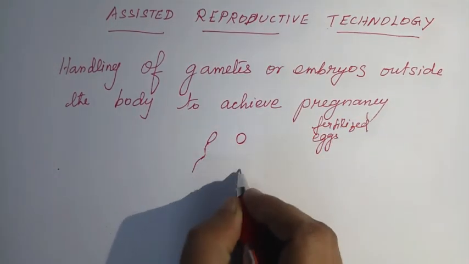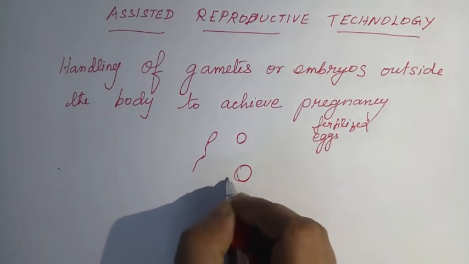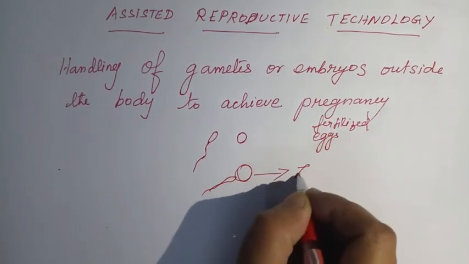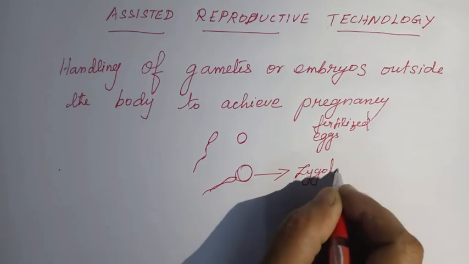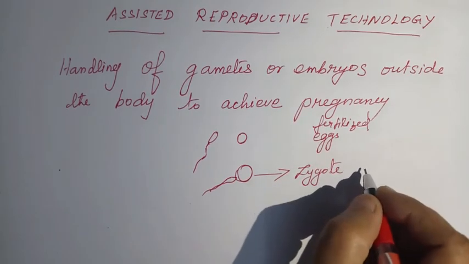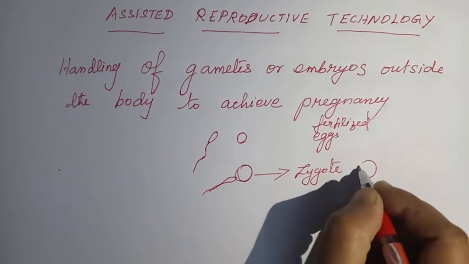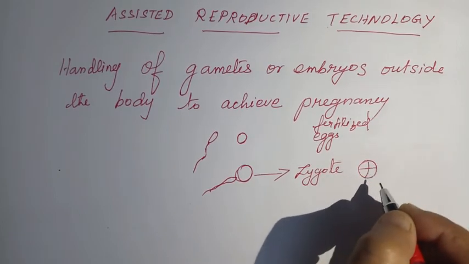The fusion of the sperm and the ovum results in zygote. This zygote results in cleavage, that is the division of cells.